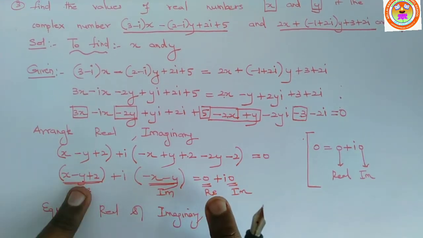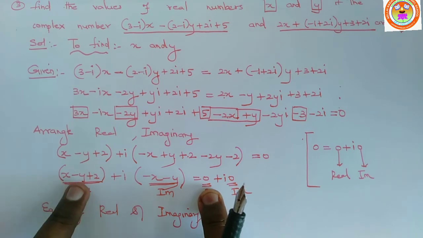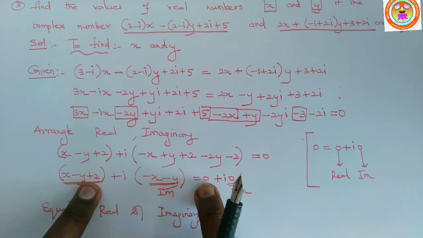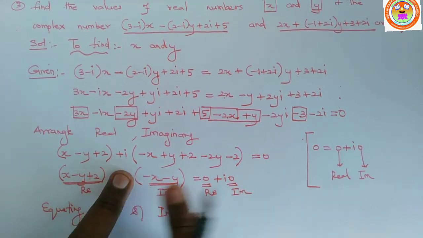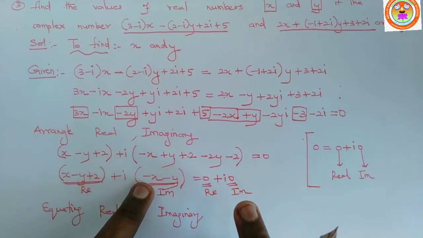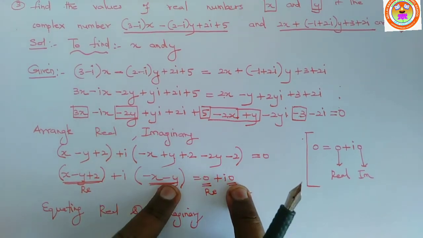Real to real: x minus y plus 2 equal to 0. Equating imaginary, you should leave the i: minus x minus y equal to 0.